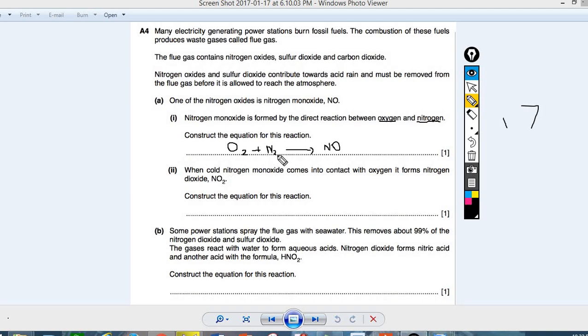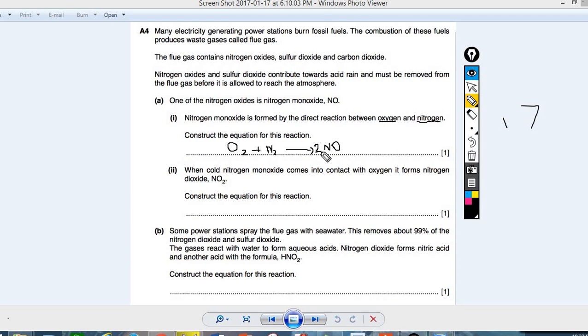You have to balance this equation first. Here you have two oxygen atoms, but on this side you only have one oxygen atom. So either you can add a half in front of each of these two reactants, or just simply make it 2.